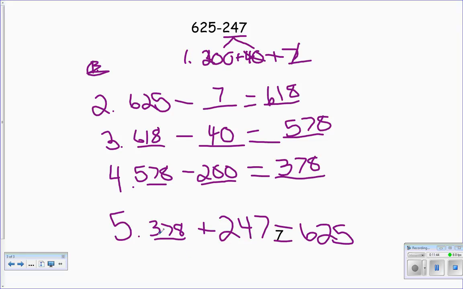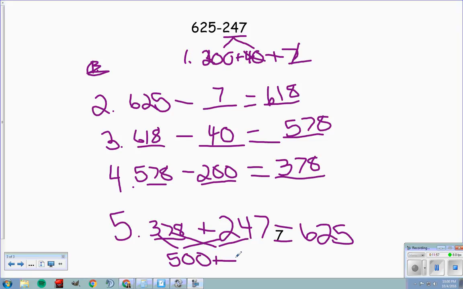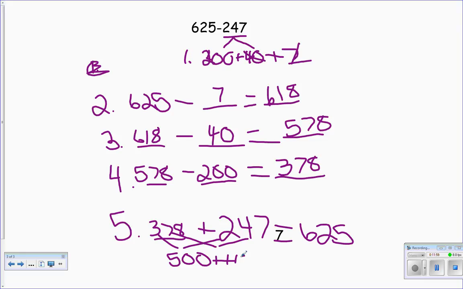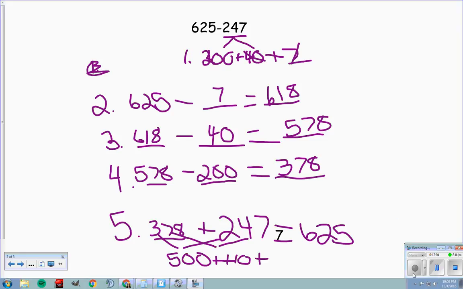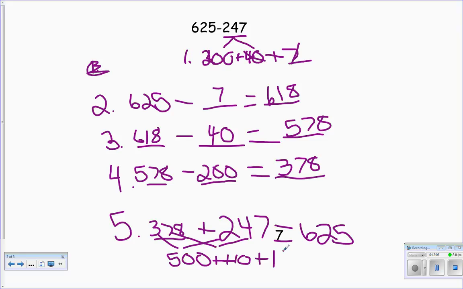Okay, let's work through the first step together. 3 hundreds and 2 hundreds is 500. 7 tens and 4 tens is 110. And 8 ones and 7 ones is 15.